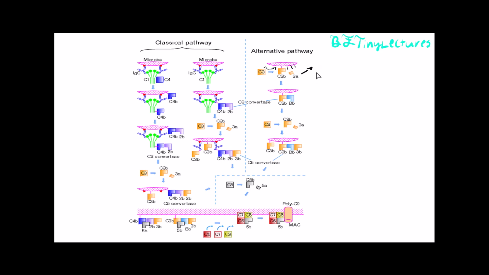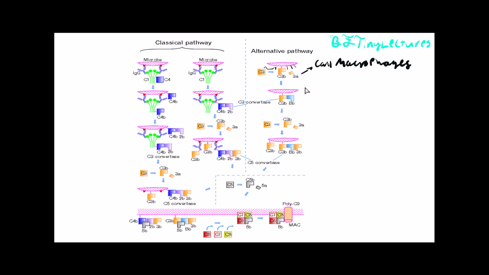C3a, or just 3a, since it's not going to be complementing anything, is going to call for macrophages. And that takes a little while for the macrophages to get there. But in the meantime, C3b is going to call in more proteins.